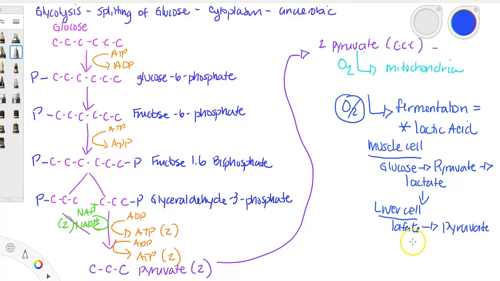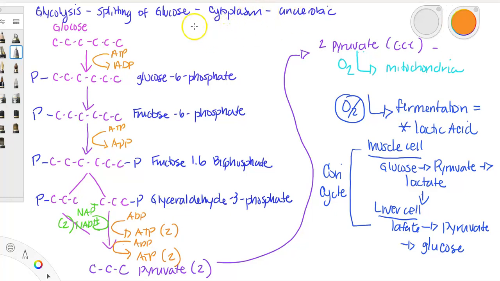The liver converts it to pyruvate, and back to glucose. And it's just a big cycle around and around with a muscle cell. This is called the Cori cycle. And that's what helps muscle cells maintain a fuel source.